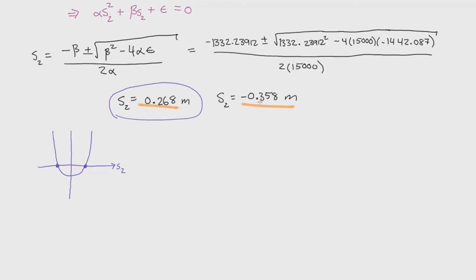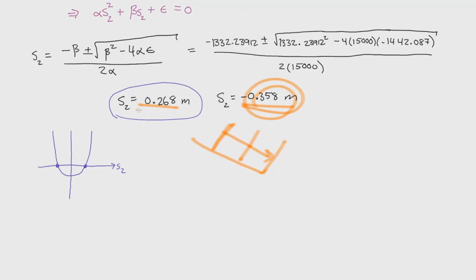Although the negative value doesn't make any physical sense because we know that the spring is going to be compressed later on in this direction, so we can't have a negative direction, meaning when the box moves towards the plate, it actually uncompresses the spring, so the spring goes upward. So that's basically what this value is saying, which we know doesn't happen.